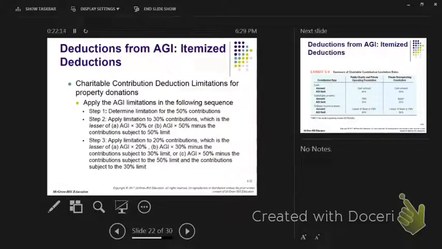Now, the tricky part about that is when you start doing people's taxes that give things to Goodwill over and over again, and all of a sudden they got $5,000 worth of stuff they gave to Goodwill, and maybe it's completely legitimate. I'm not making up 5,000. You now have to fill out an 8283 for every donation, and you got to list how much you think they spent and how much you think the fair market value is of those items.